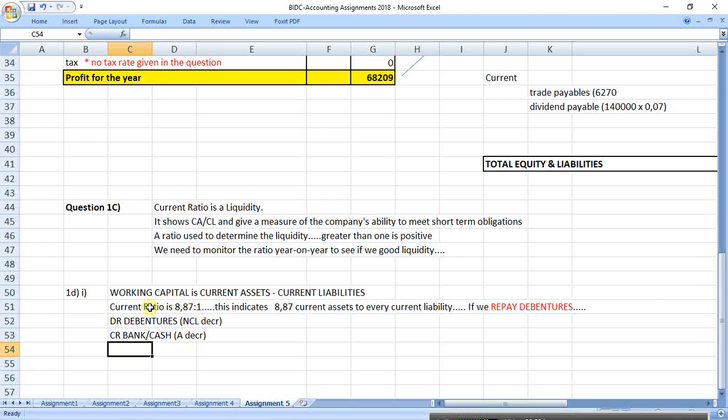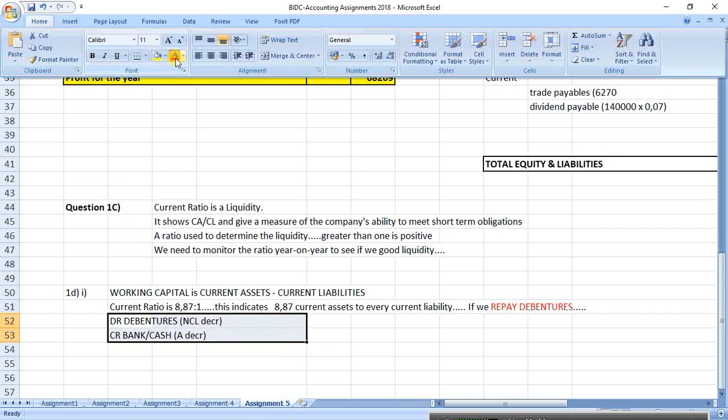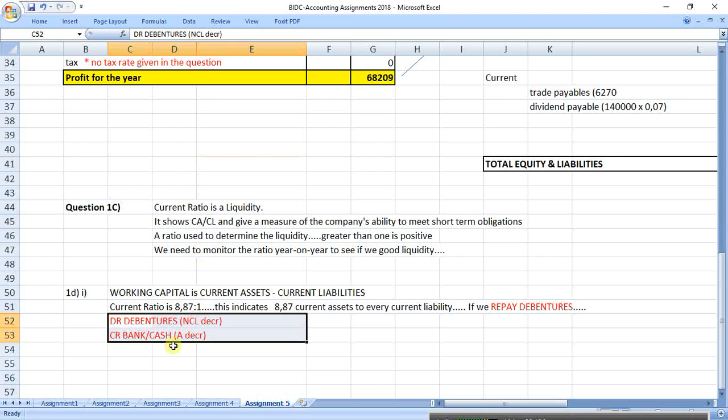Okay, so that's the accounting entry, because they're saying discuss the effects of this course of action. So what am I going to do? I'm going to process that repayment. We're going to debit debentures, we're going to credit bank or cash, depending on what account we're going to use.